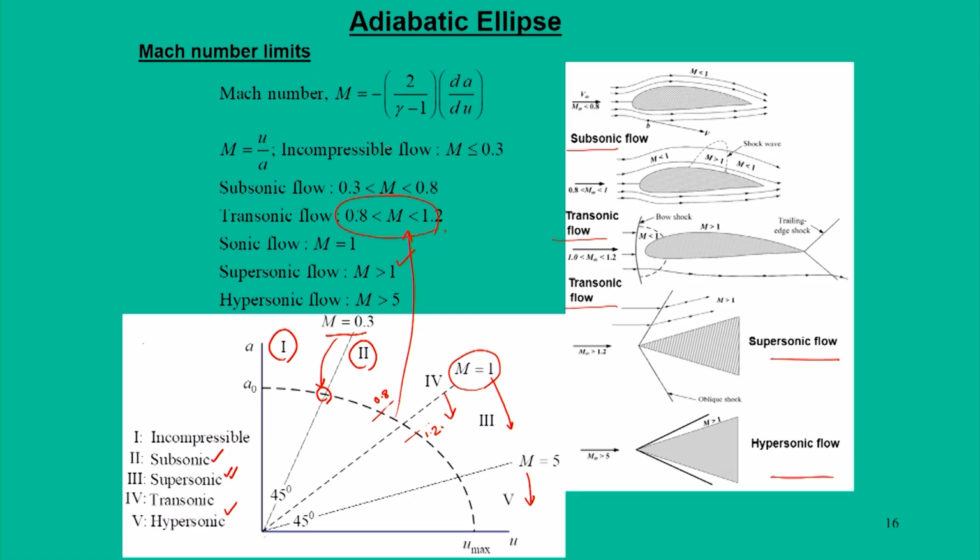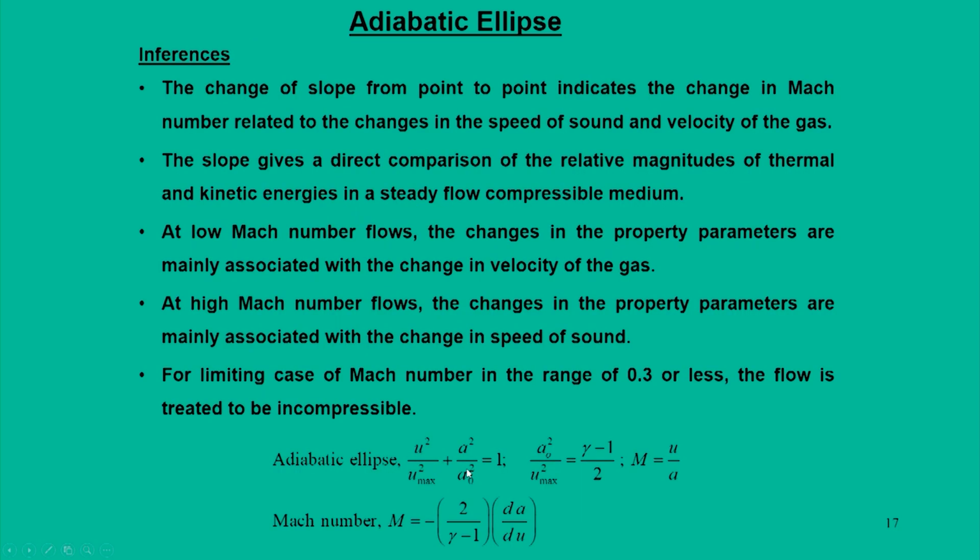So, this particular expression of Mach number gives the slope at any particular point on the ellipse. Finally, in the summary of this adiabatic ellipse, we can say that the change of slope from point to point indicates the change in Mach number.